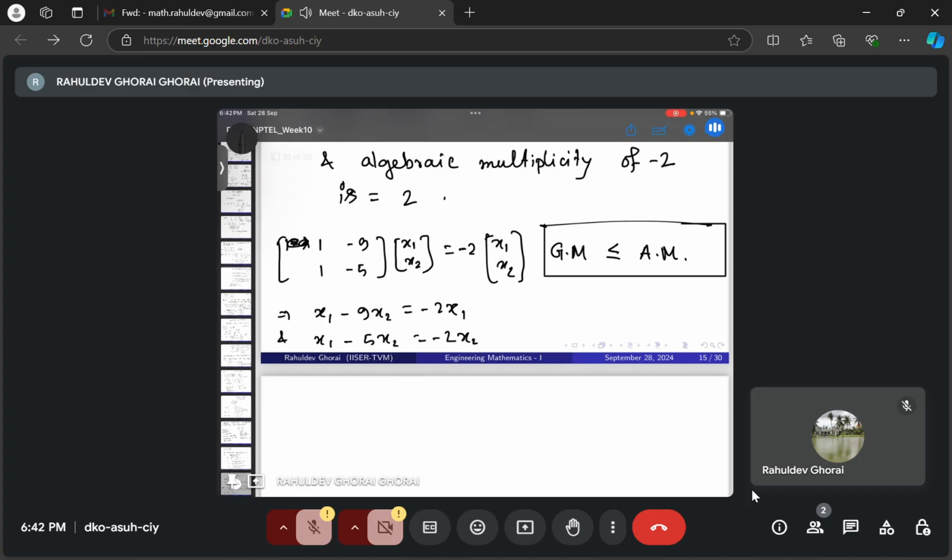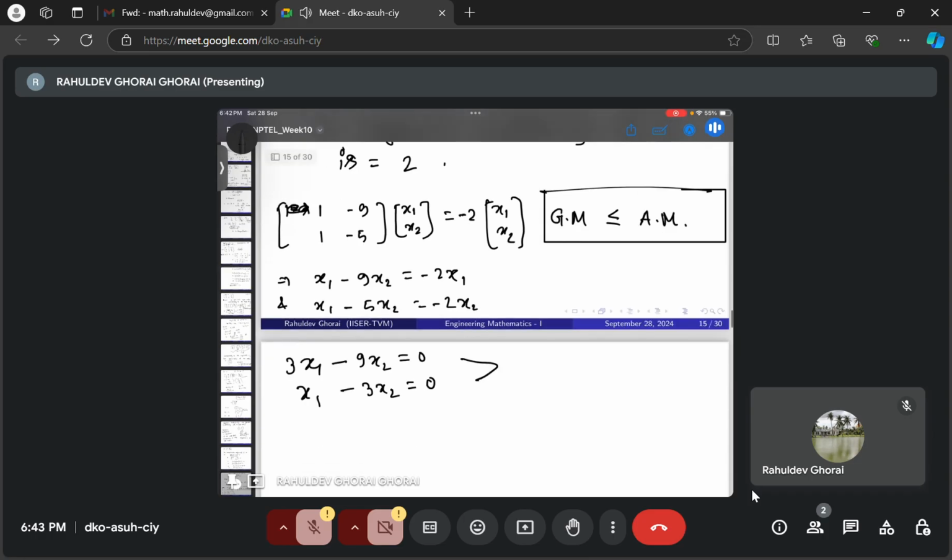From the first equation, what you will get is 3x1 minus 9x2 is equal to 0, right? And from the second, x1 minus 3x2 is equal to 0.